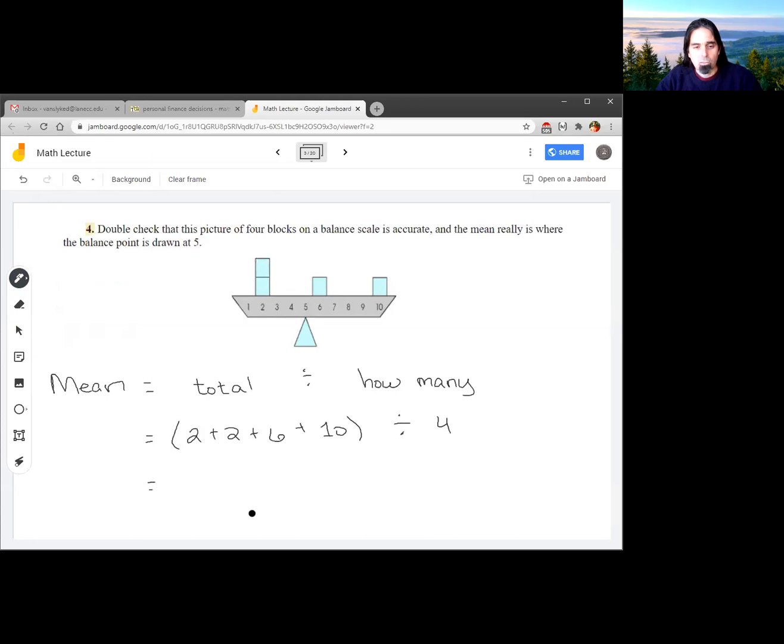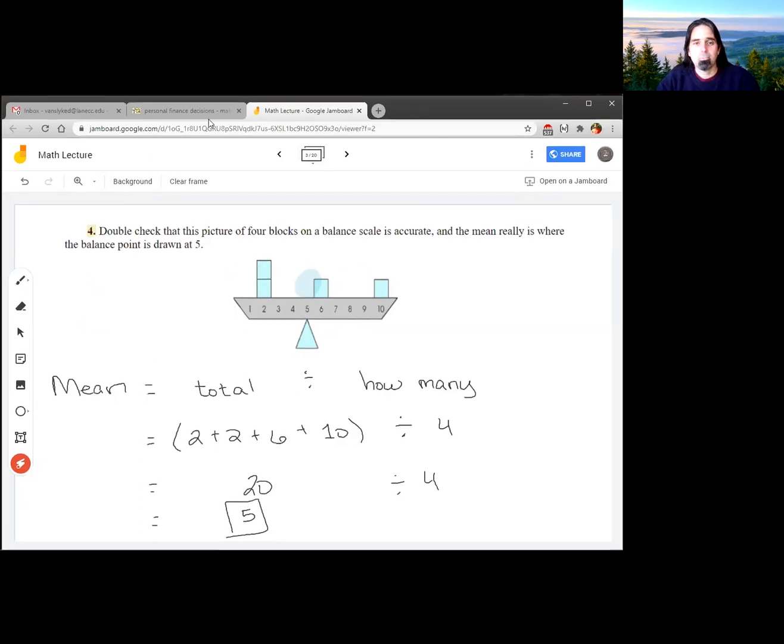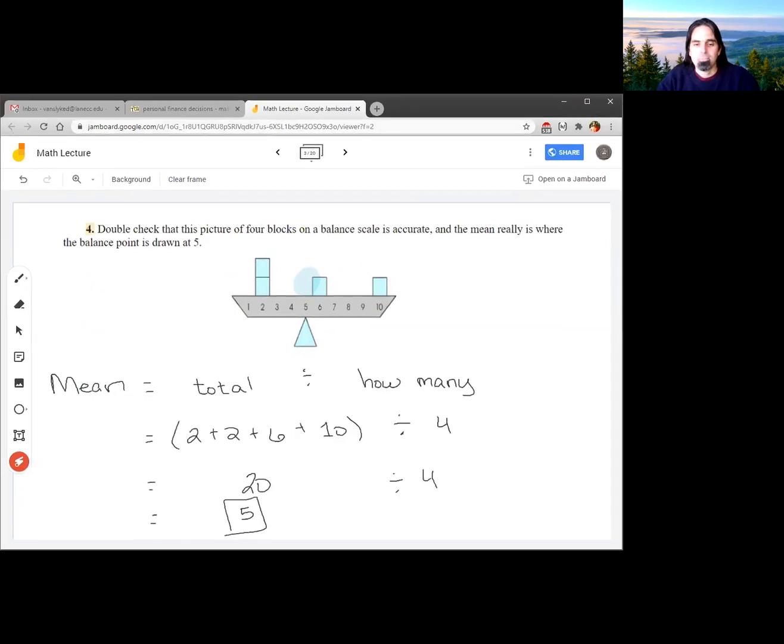So 16 and 4 is 20 divided by 4, which is 5. These aren't measured. I don't know if they're pounds or kilograms or what. Again, it's saying that a typical thing is 5. None of these happen to be 5, but it looks like the stuff on the left and the right balance each other out. All good so far? Yeah.